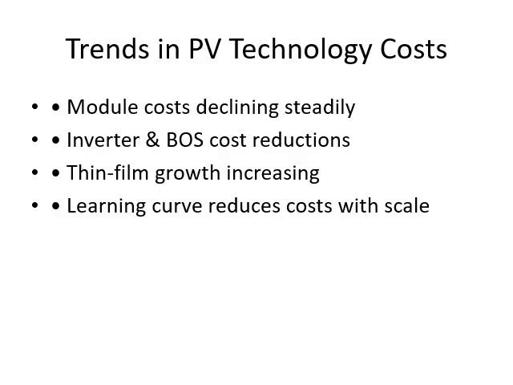Then inverter and balance-of-system cost is reducing. Then thin film growth is increasing. They are now achieving higher efficiency, and the learning curve reduces cost with scale. So if you're scaling it up, you can actually get many customers interested to install photovoltaic in their house, then your cost will be reduced.